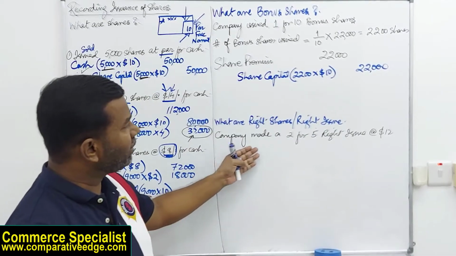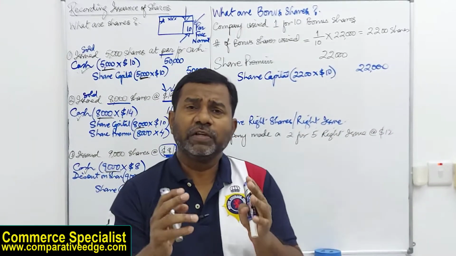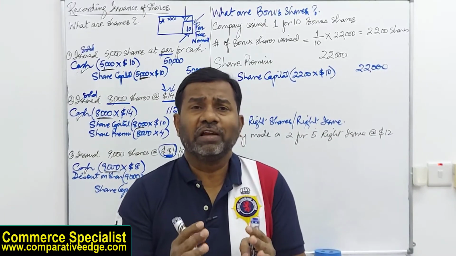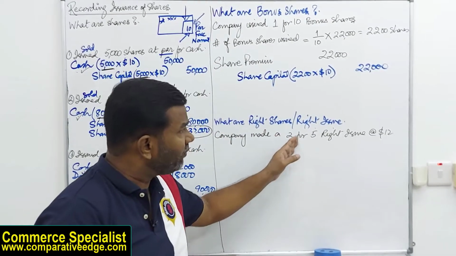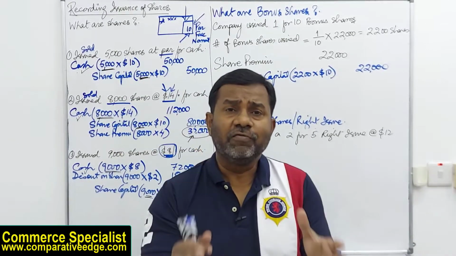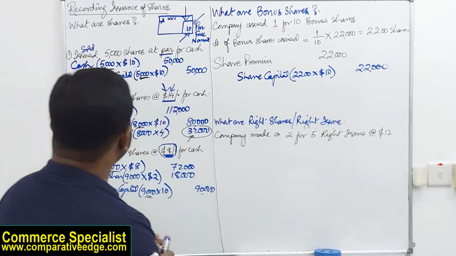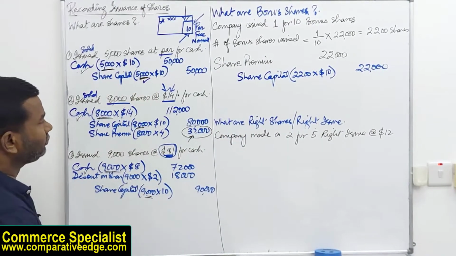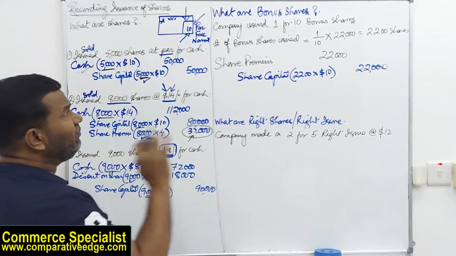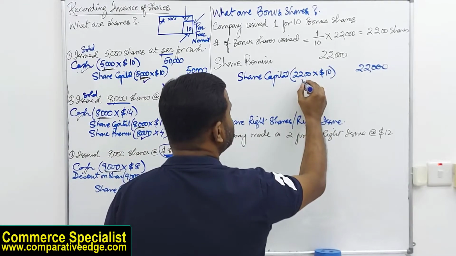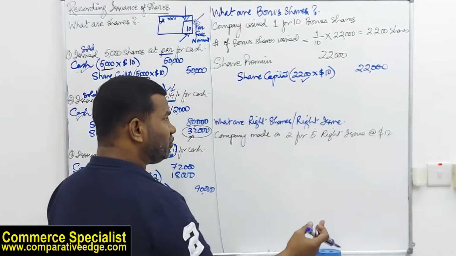So it says a company made a 2-for-5 rights issue for $12 each. Now here first we need to understand how many shares we are issuing. And again here, 2 for every 5 means for every 5 shares held already. So let's recalculate. Initially the company sold 5,000 shares, then 8,000, then 9,000, that makes 22,000. Then we made a bonus issue of 2,200. 22,000 plus 2,200 is 24,200.